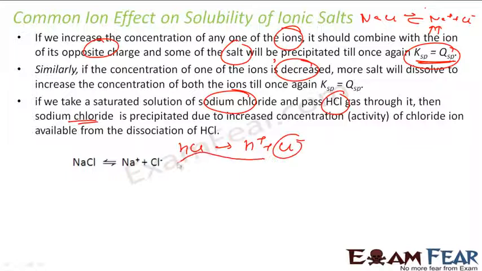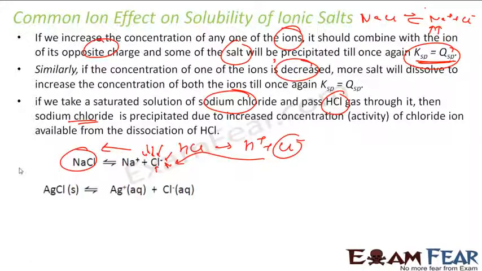So you are adding more Cl minus ion here, and the equilibrium will move in this direction and NaCl will come out. Similarly here also, same thing. If you pass HCl gas here, since HCl gas will give you more Cl minus ions, the Cl minus ion concentration increases, the equilibrium moves to the left side, and AgCl is precipitated.